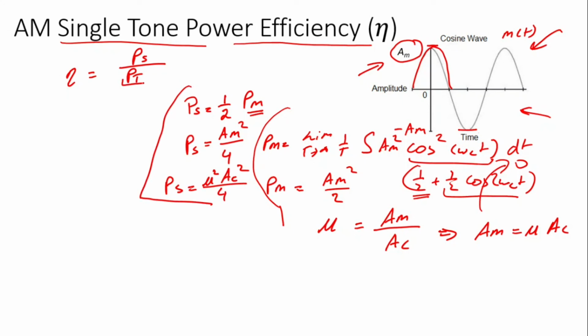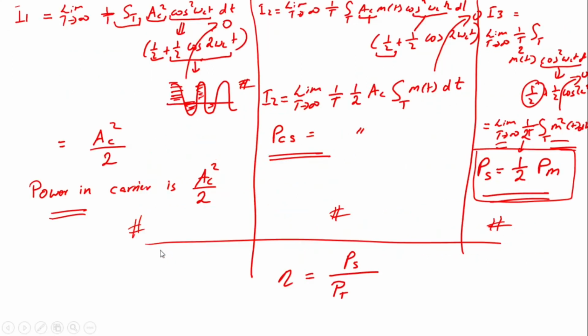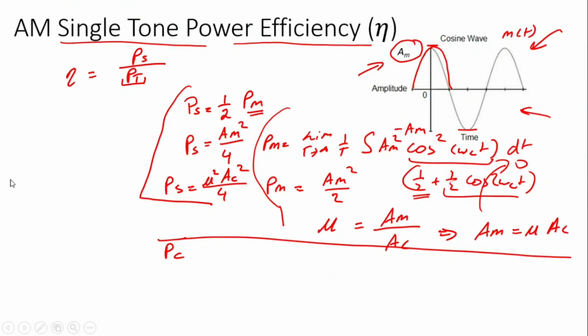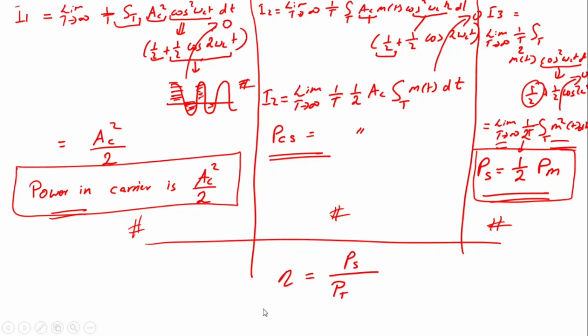Now what about the total power? So first let us say what is the power in carrier PC. We have already found the power in carrier, which is simply AC square by 2. So PC is AC square by 2, and then we have the power in the middle term.